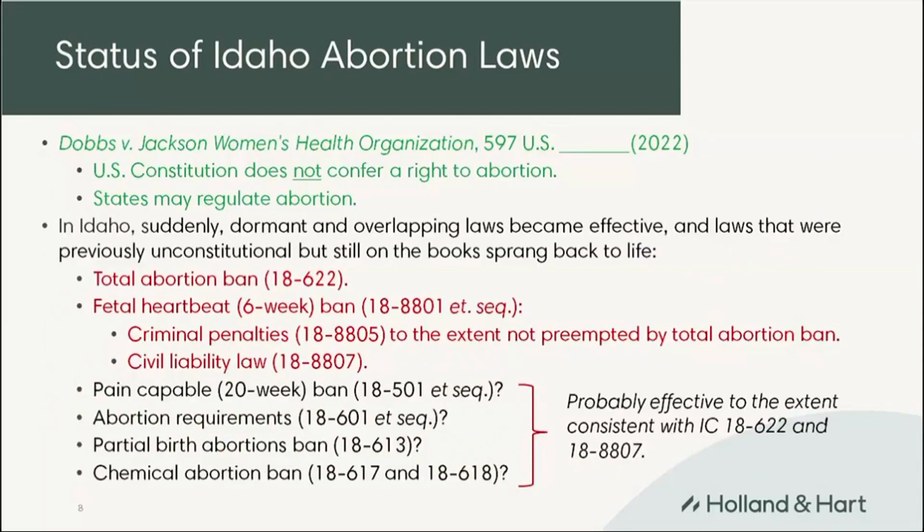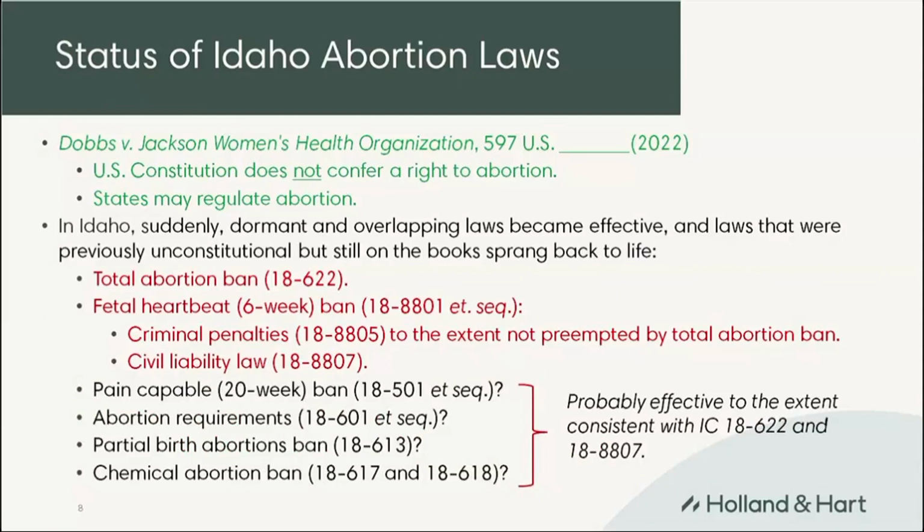But guess what? Dobbs came out in 2022, and suddenly it overruled Roe v. Wade. That meant that the total abortion ban suddenly sprang into life, as well as the fetal heartbeat ban when that was upheld by a similar federal court. Not only that, all those other statutes that were on the books sprang back to life too.